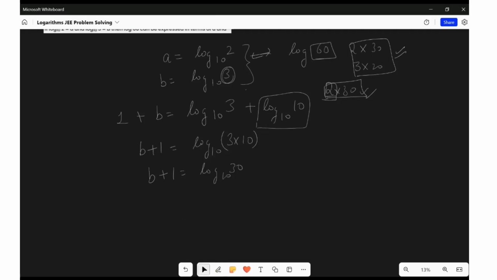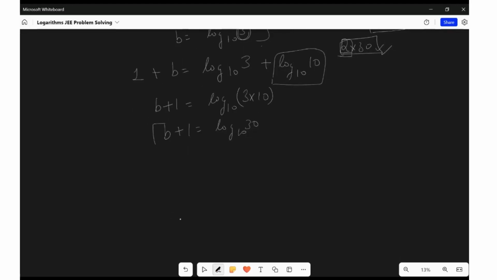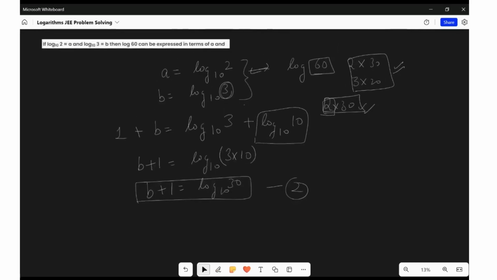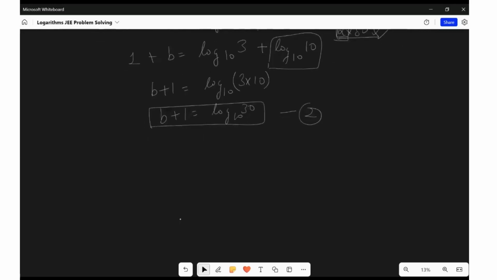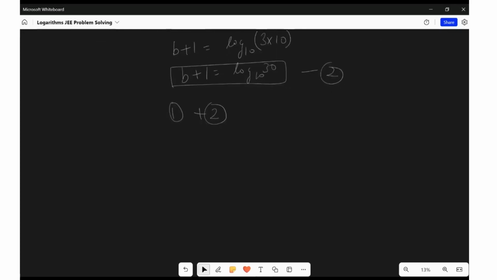Now to make it 60, we'll add this equation, let's name it 2, and the first equation of a, which we named 1. Now if we do 1 plus 2, a plus b plus 1 is log 2 base 10 plus log 30 base 10.